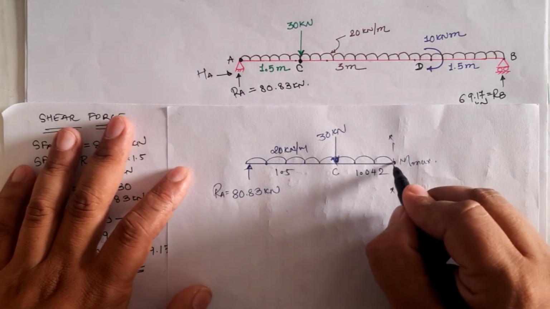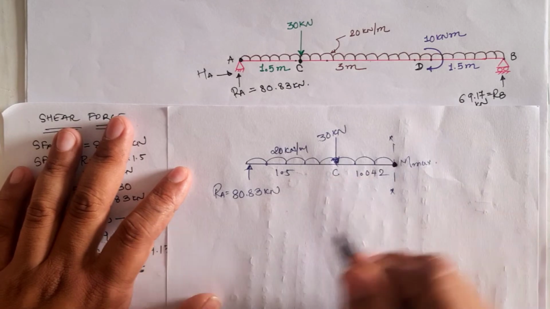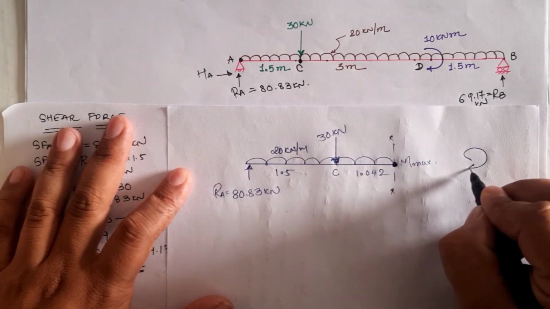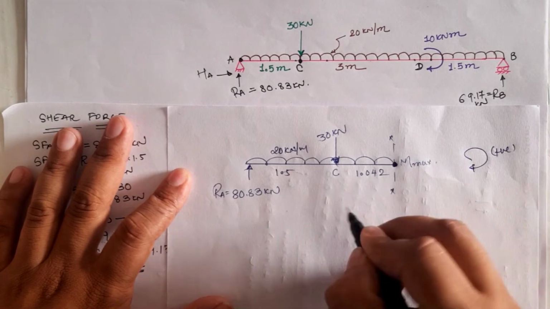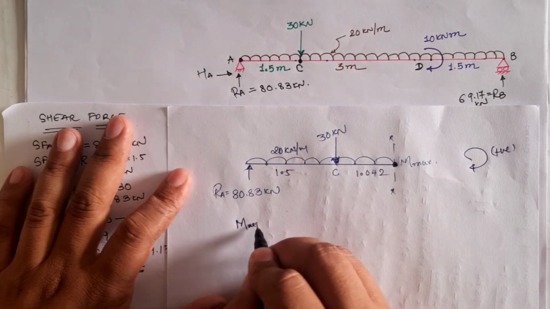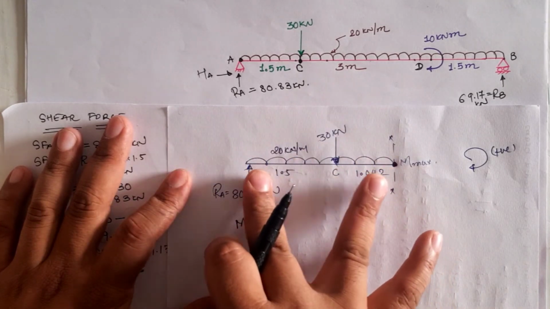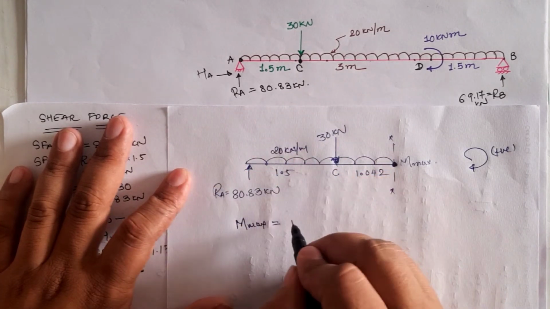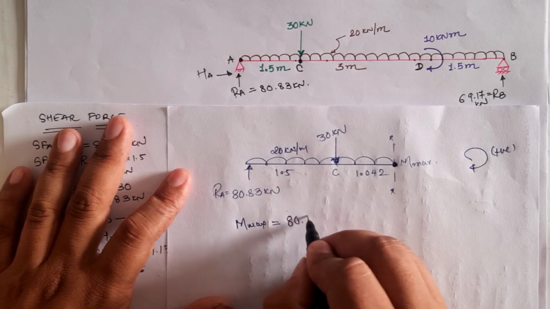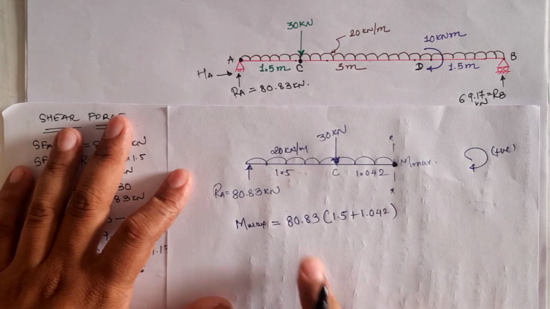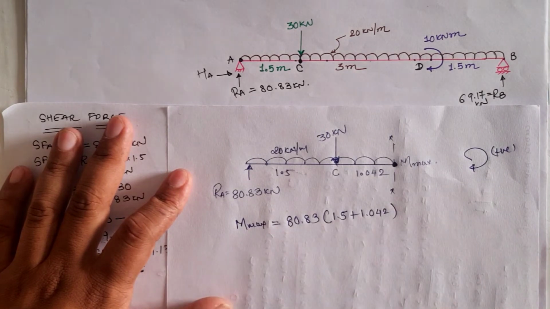Now let us calculate the maximum moment over here, and if we consider the sectional left hand side clockwise moment as a positive value, we will have maximum moment equal to 80.83 into 1.5 plus 1.042 as a clockwise value.